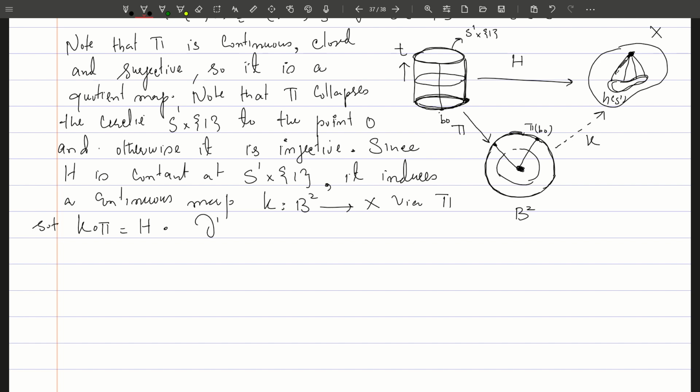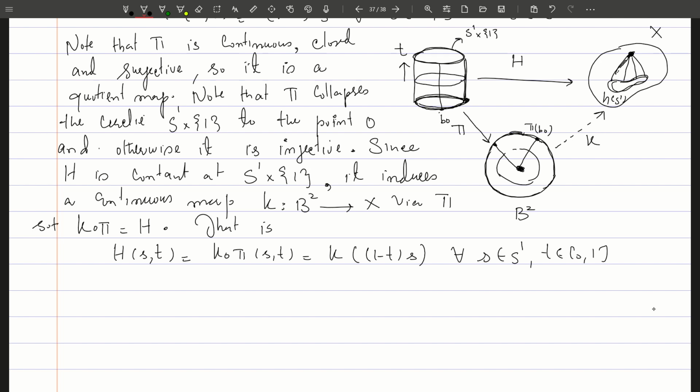That is, H of (s,t) is k composite pi of (s,t), but k composite pi of (s,t) is just k of (1 minus t) times s. So this is true for all s in S1 and t in the interval 0 1.